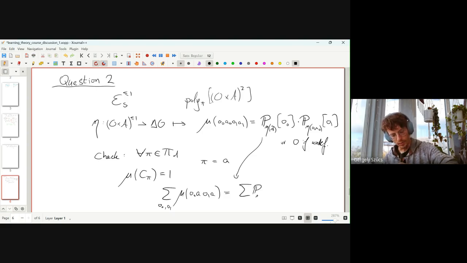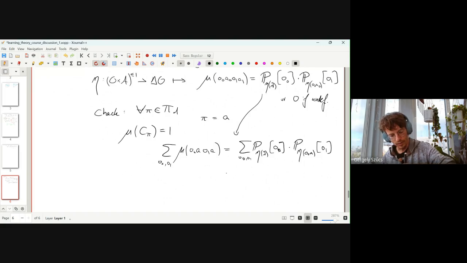So this would be P mu lambda of O0 times P, and then as Ohad was saying, this actually turns out to be just a product of the sums.